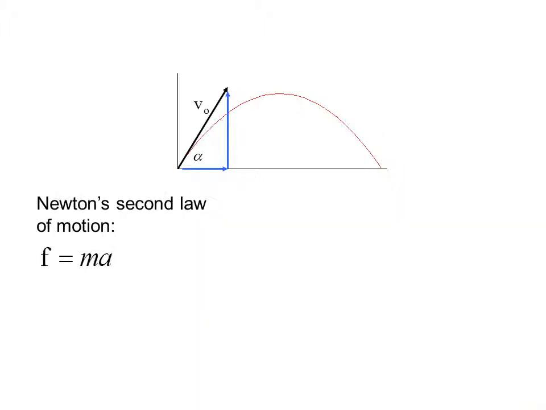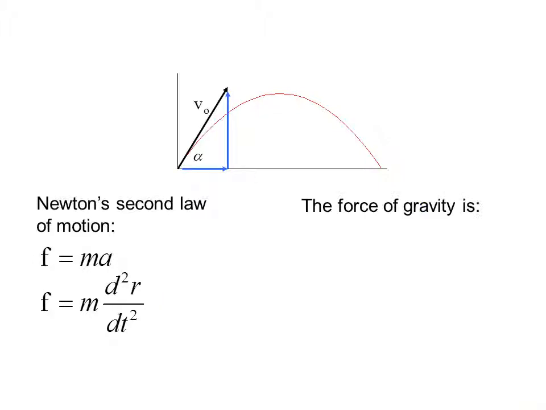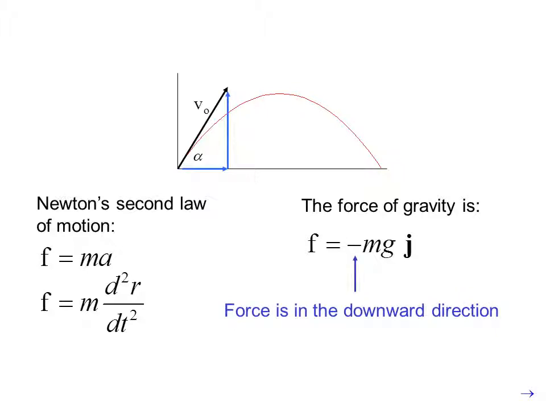Newton's second law of motion, F equals ma, gives us F equals m times d squared r over dt squared. That is the vertical acceleration. The force of gravity is F equals negative mg j. It's negative because the force is in the downward direction.